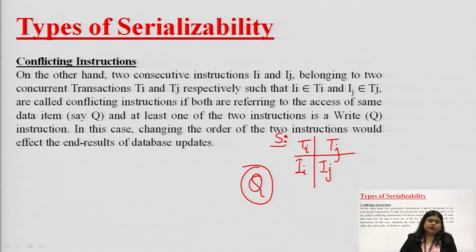Now, what are the conditions for these two instructions Ii and Ij to be conflicting?